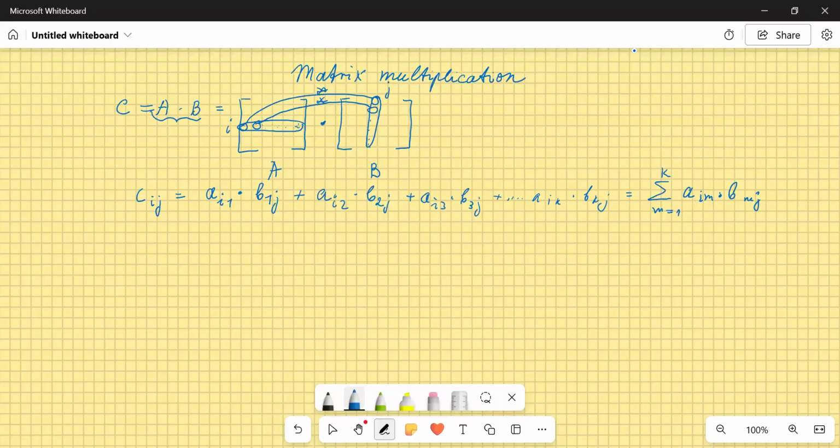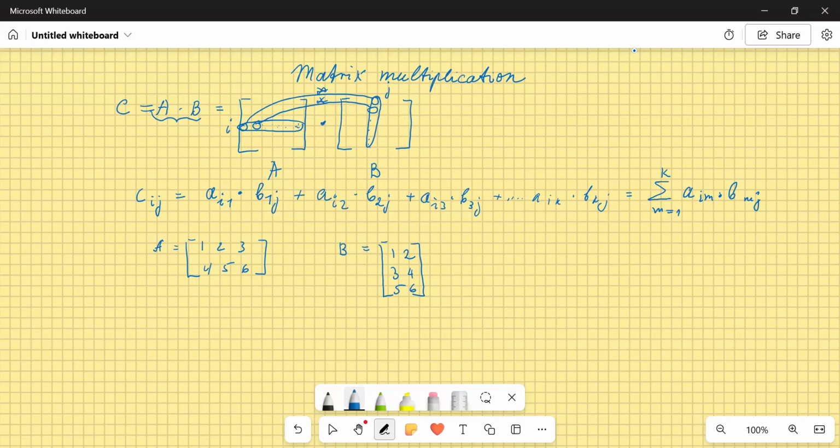I'm going to multiply two simple matrices. I'm going to use one of my old matrices, A: 1, 2, 3, 4, 5, 6. And my matrix B is going to look slightly different: 1, 2, 3, 4, 5, 6.